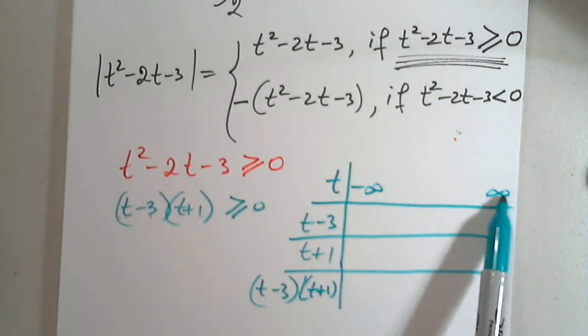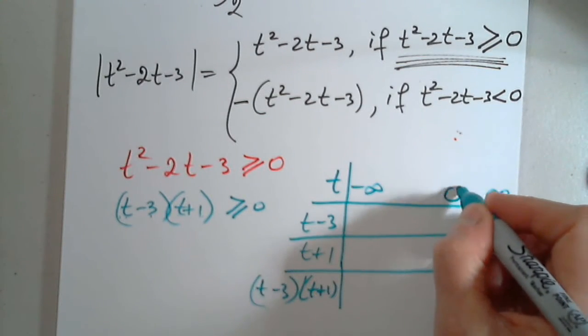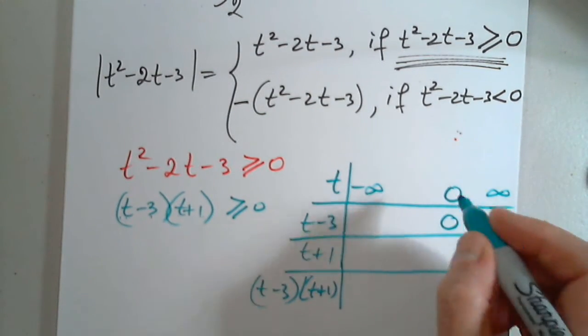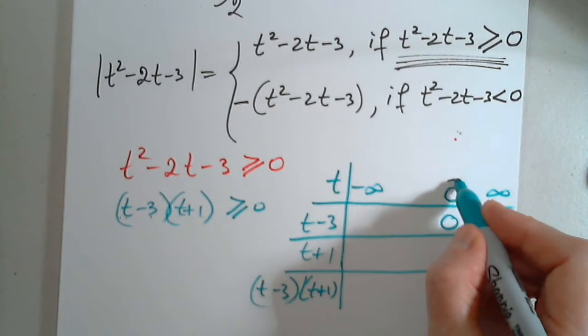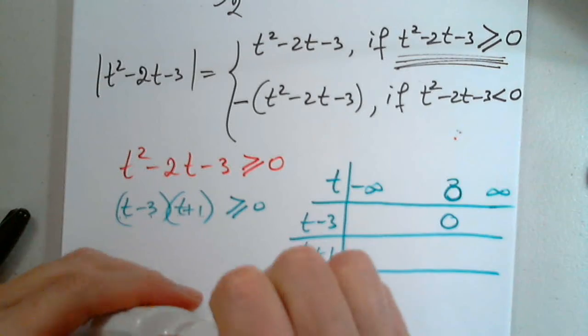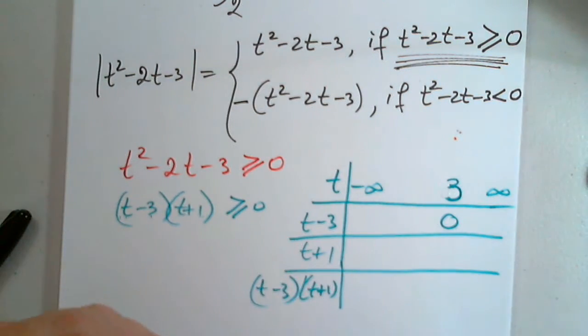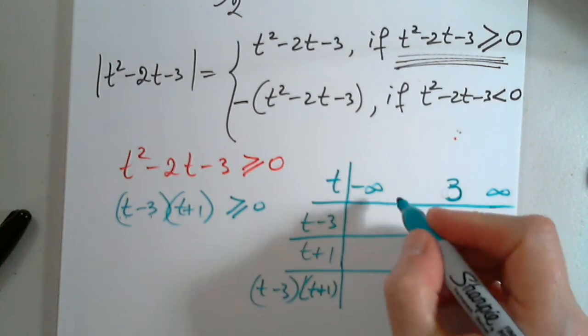So t is the variable in the problem. T minus 3 is 0 at 3. And t plus 1 is 0 at negative 1.